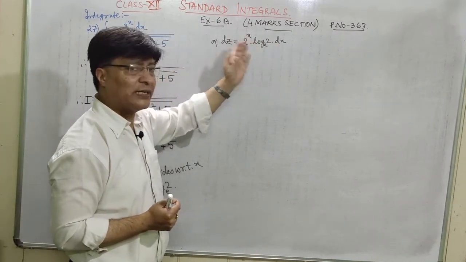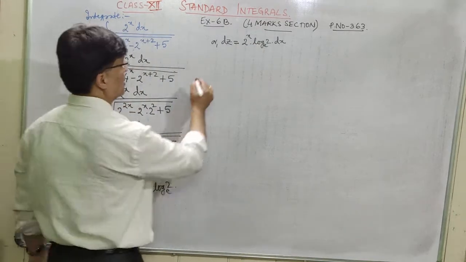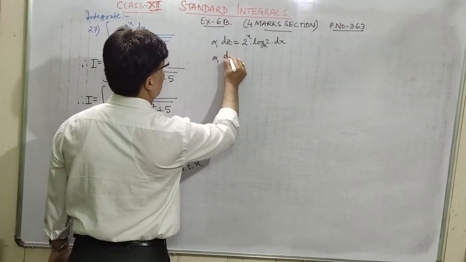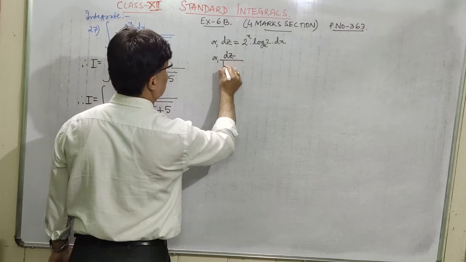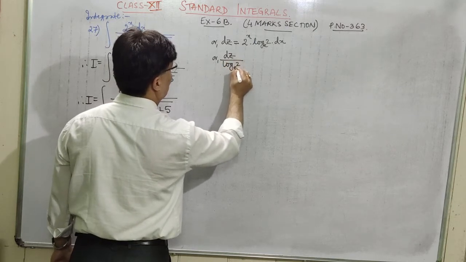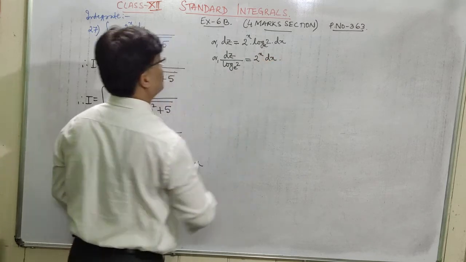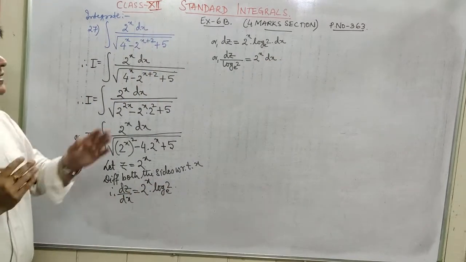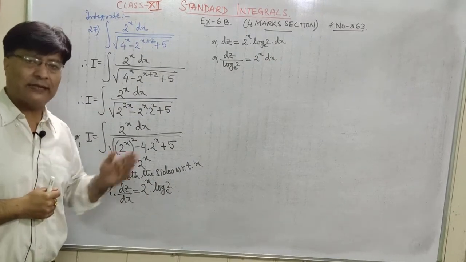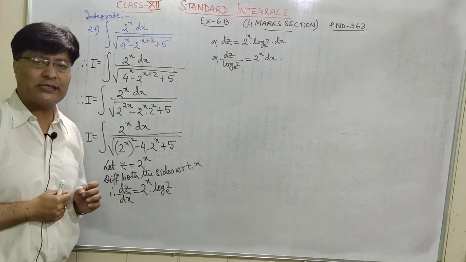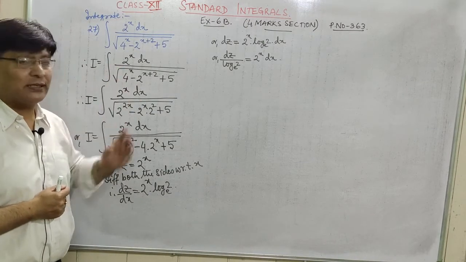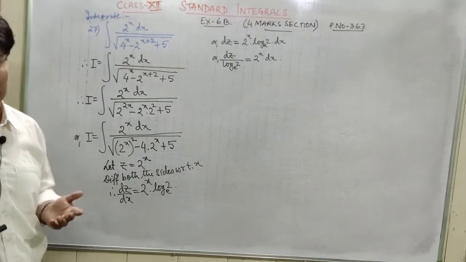This log 2 base e can be taken to the left hand side. So what do we get? That is dz divided by log 2 base e is equal to 2 to the power x dx. That means we are getting the value of the numerator. That is, what is the value for 2 to the power x dx? It is dz divided by log 2 base e.